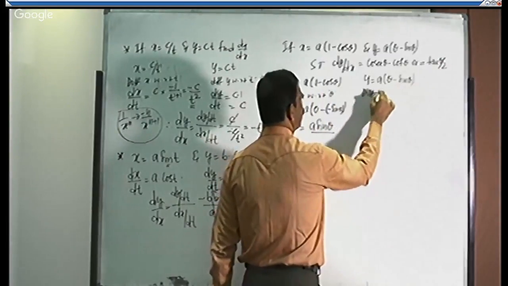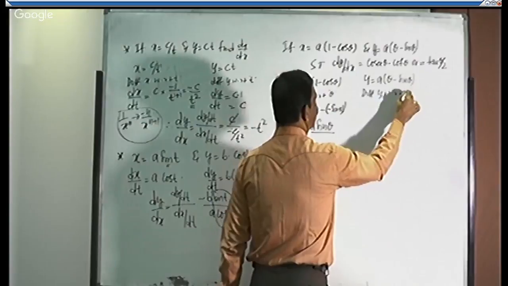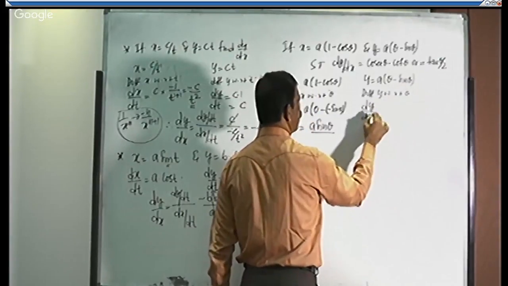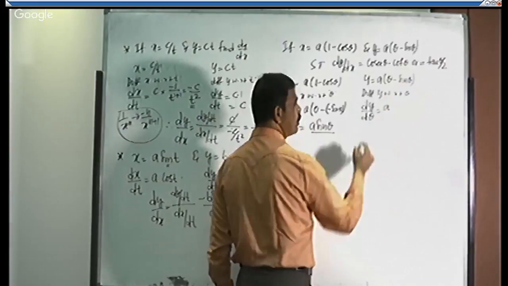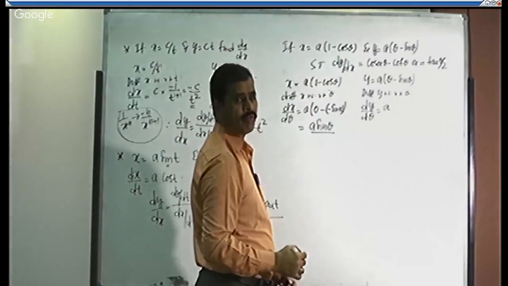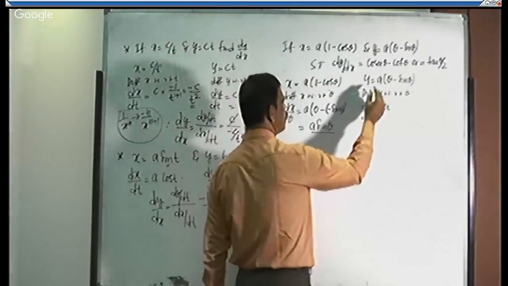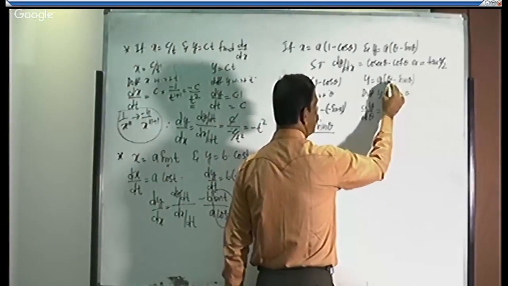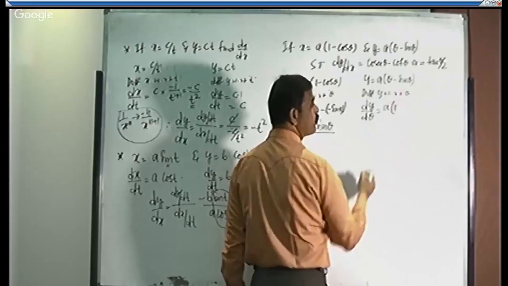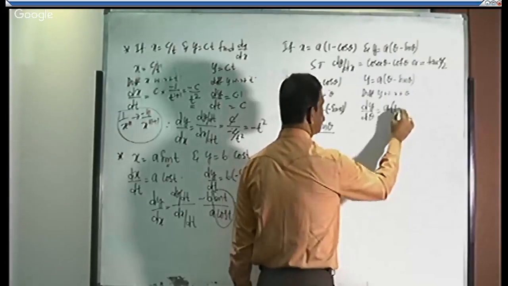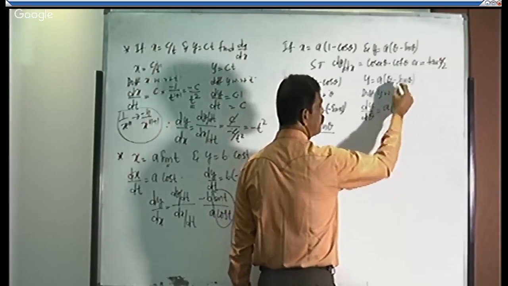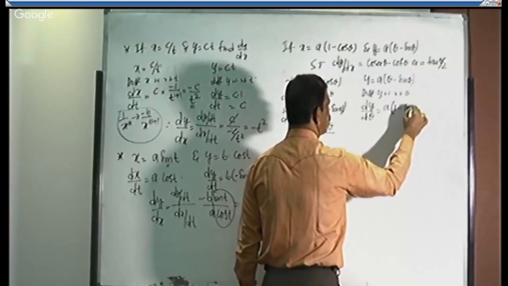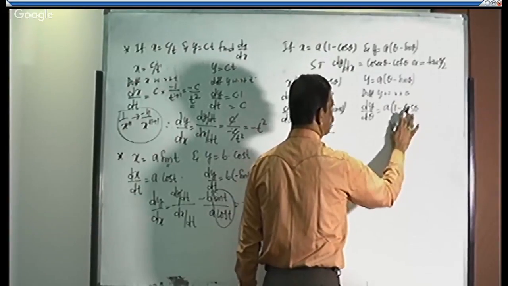Differentiate y with respect to theta. You get dy by d theta is equal to constant into function. When constant into function is there, we have to keep the constant as it is. Differentiate the function. Theta is like x, so 1. Minus sin theta is like sin x, and its differentiation is cos theta.